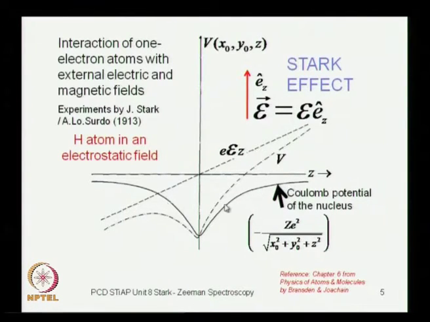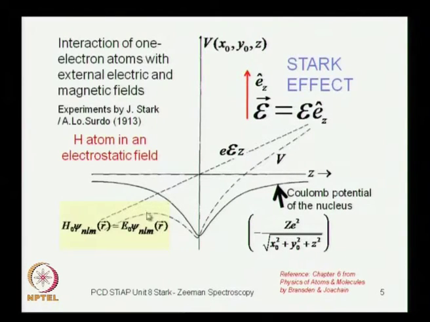and in addition to the Coulomb potential which is generated by the proton nucleus, you have the applied electric field which is a linear field. Okay. So, this will have a linear interaction which is charge times the electric field times z, and this is the interaction Hamiltonian of the charge in the presence of the electric field.